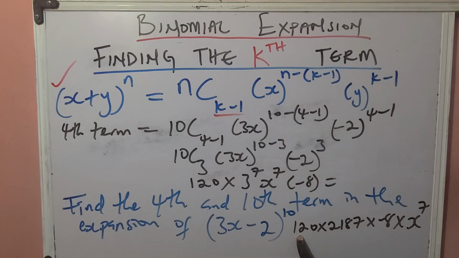If you do the multiplication of 120 times 2187 times minus 8, you will get a value of minus 2099520, then x raised to the power 7.